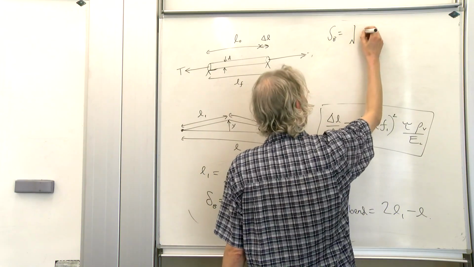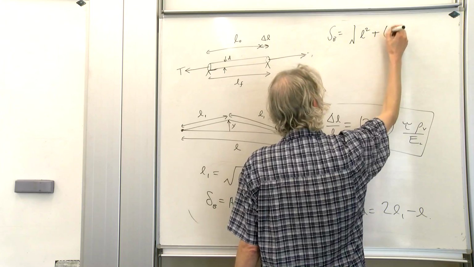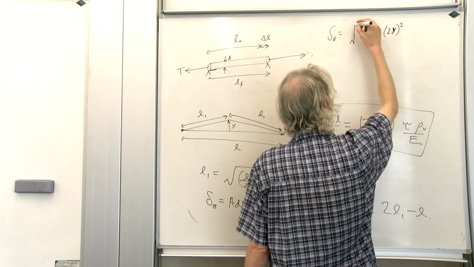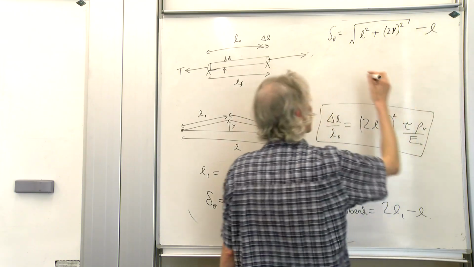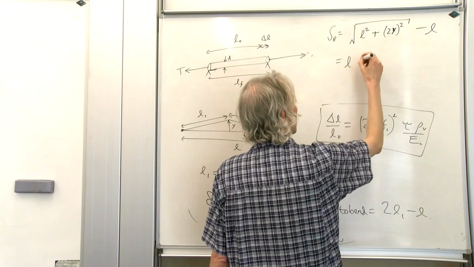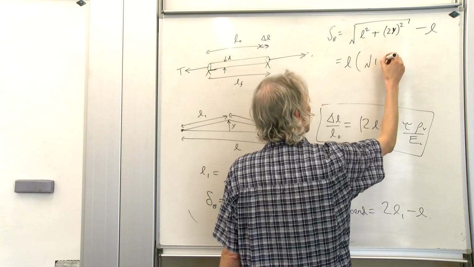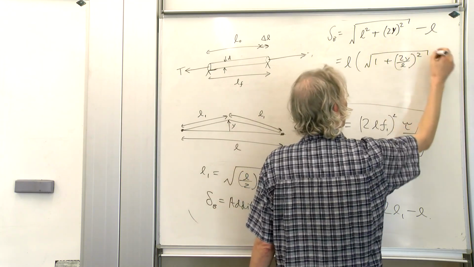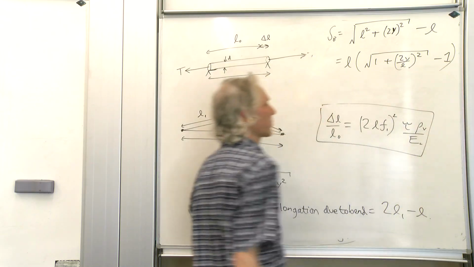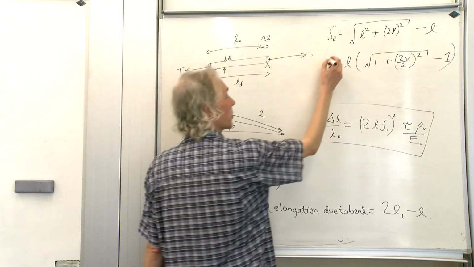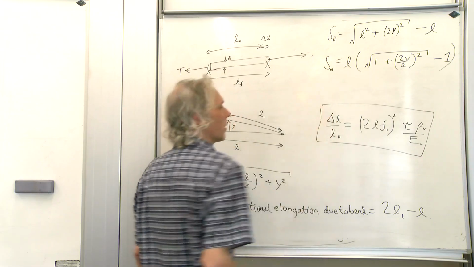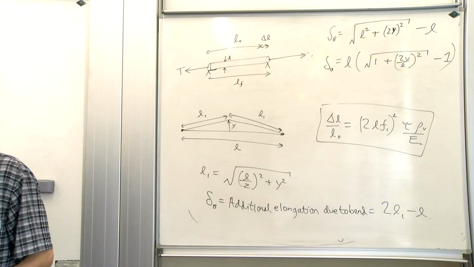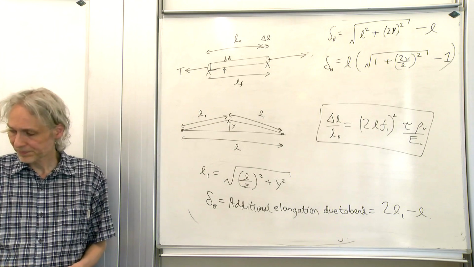So that's going to be the square root of L squared plus (2y) squared, minus L. Or L times the square root of 1 plus (2y over L) squared, minus 1. There's different ways of writing it, which maybe looks a bit neater. It depends on your taste. Right, so that's the extension of the string there.